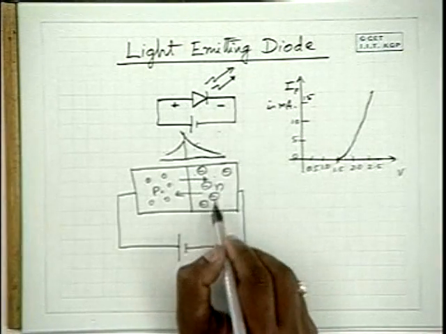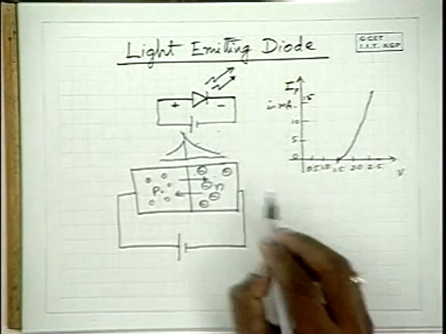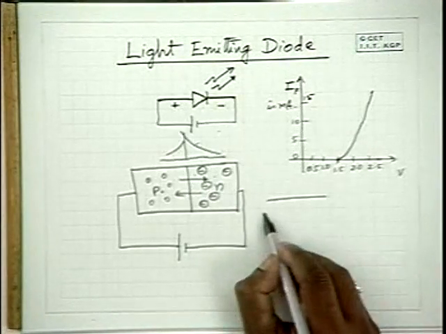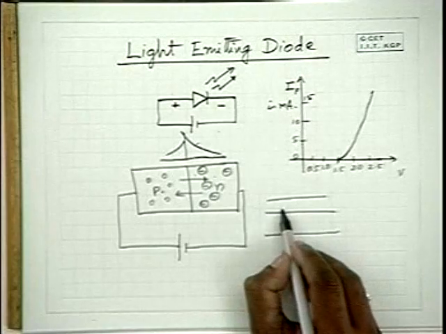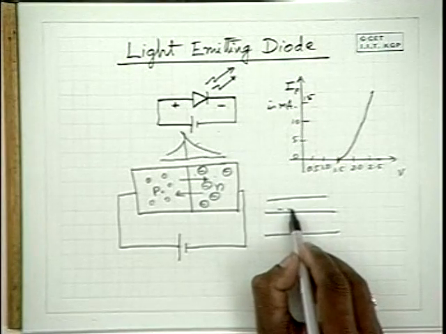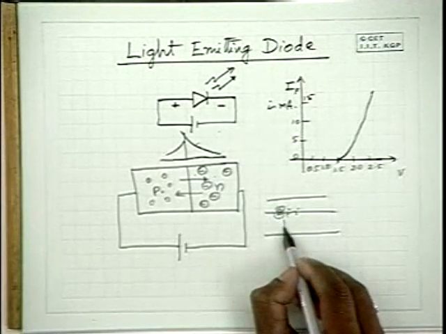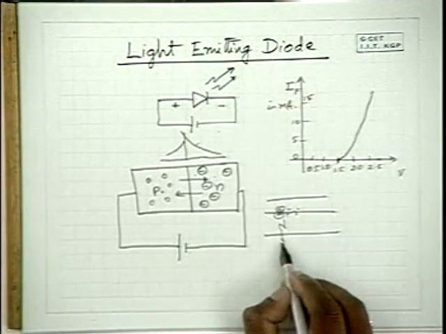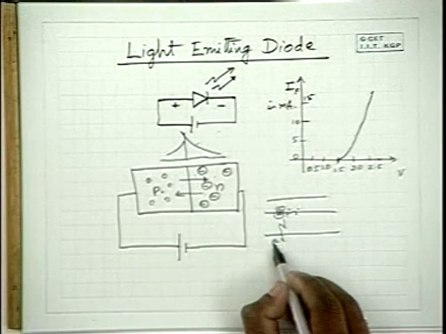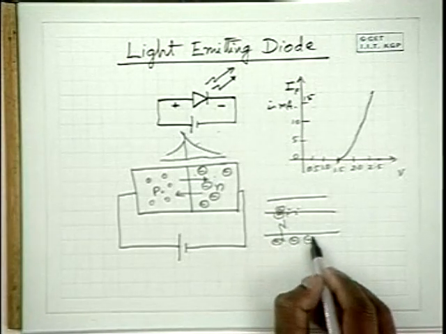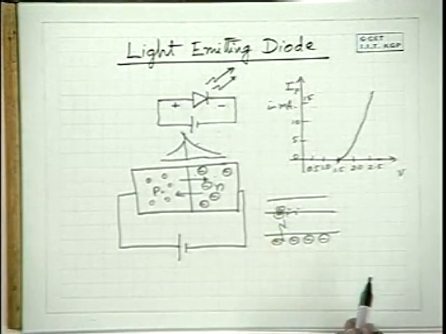Now because of the recombination, the electrons jump back from the conduction band to the valence level to form the covalent bonds.